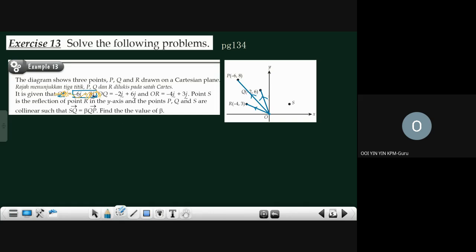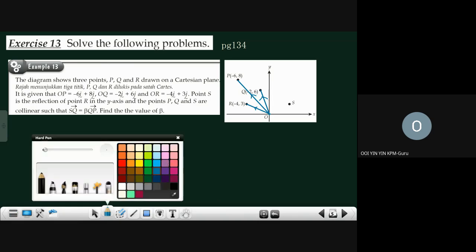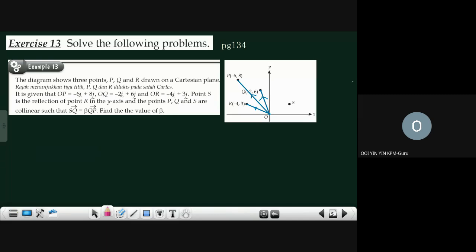Okay, what they want here is point S is the reflection of point R. If they talk about reflection, then we have the way to find the coordinate for S, 我们就有办法可以知道 coordinate S because we know the R. If reflection, you know they are at the same level, right? 它的高会一样. Which gives you this one is negative 4, right?